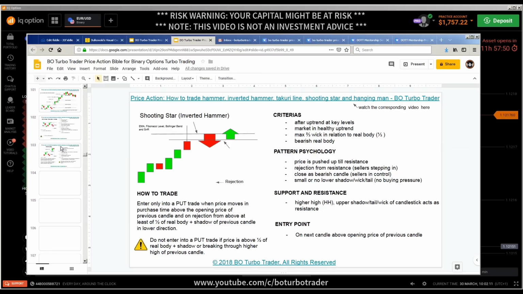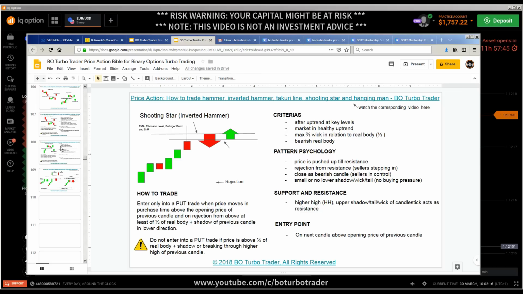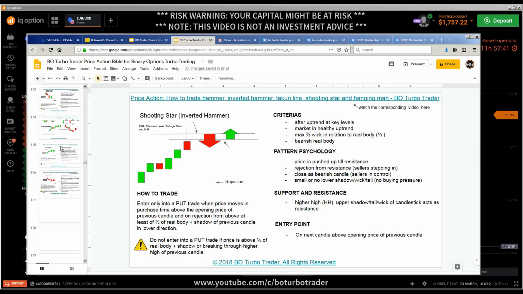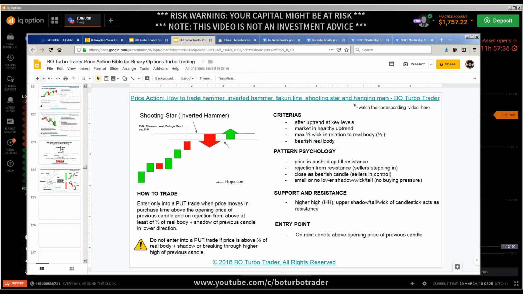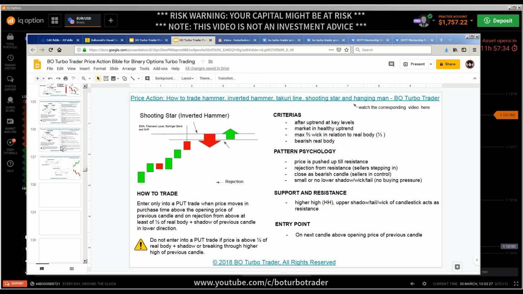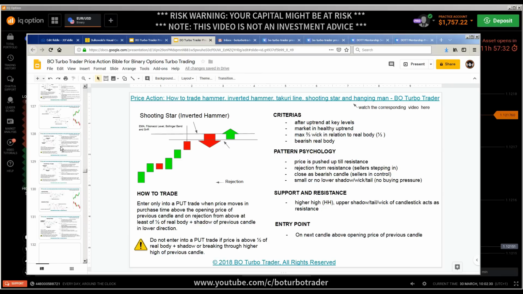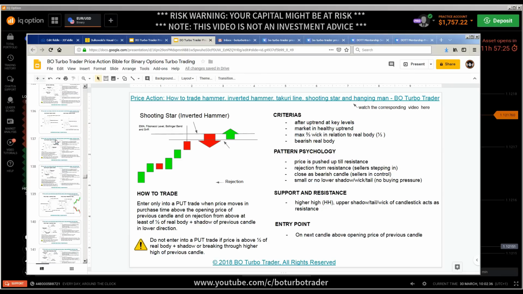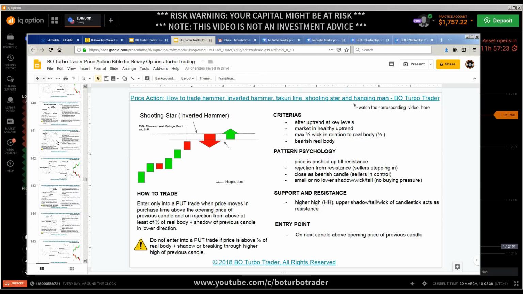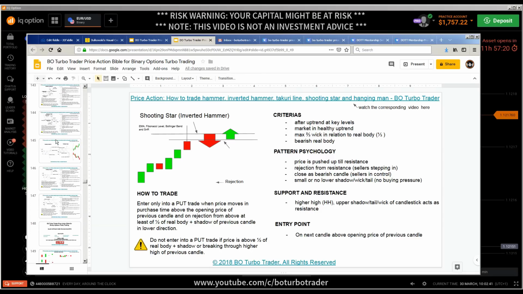There are so many concepts, and so many of my students and subscribers who got this ebook are so happy, because this book is dope. This book has everything. It's the holy grail. It's really the best price action ebook which you can find, not only for binary options, but for every kind of financial instrument, from digital options over FX options and Forex.